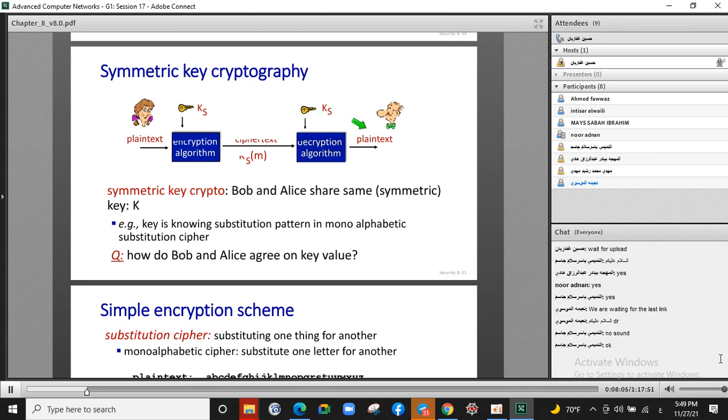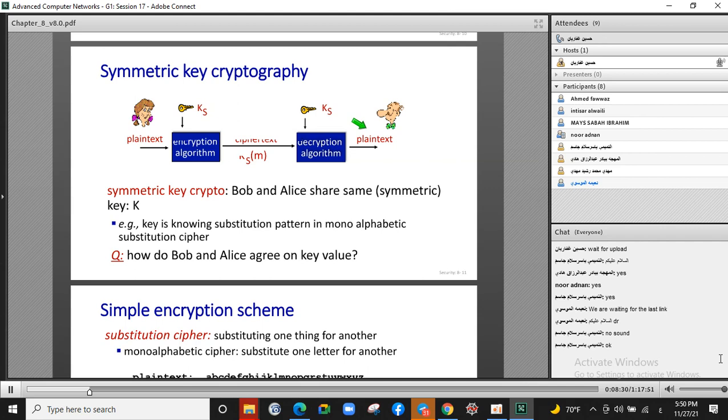Who is Bob and who is Alice? I don't know. Everyone who has the key can encrypt or decrypt the message. This is the main problem with symmetric key cryptography. Each person who has the key.